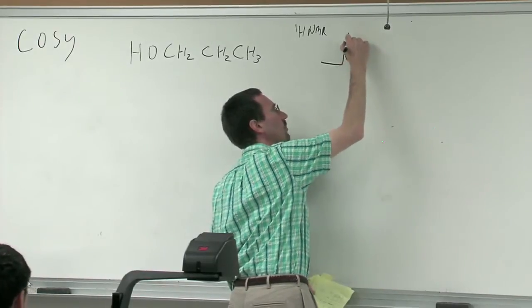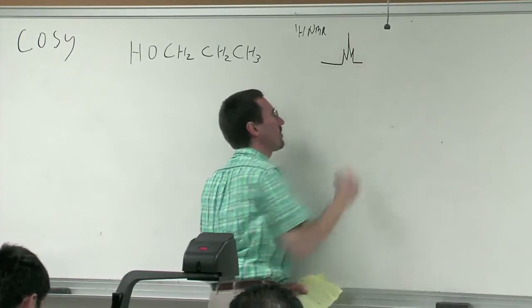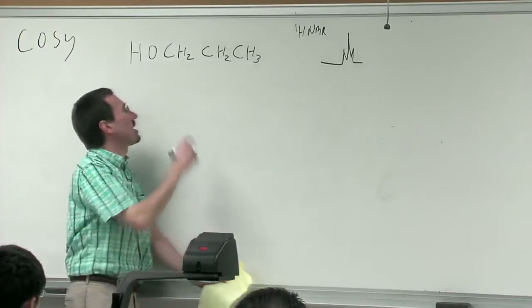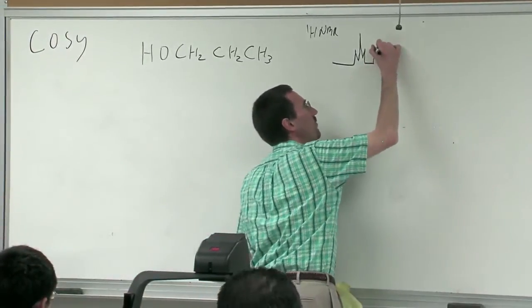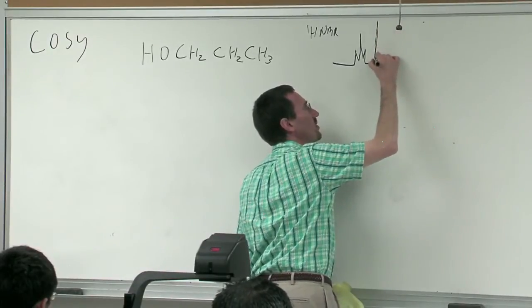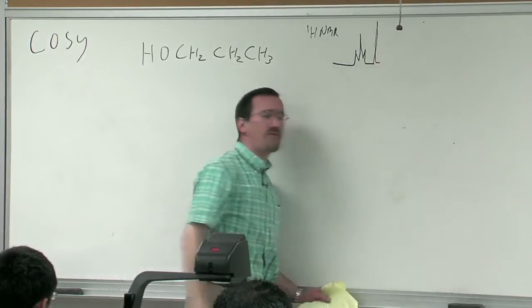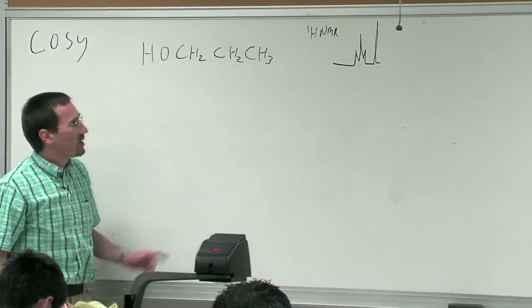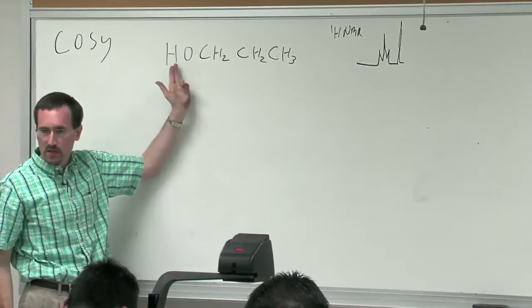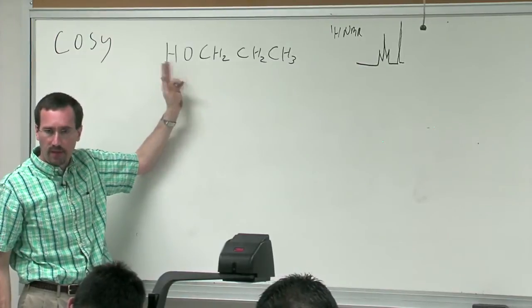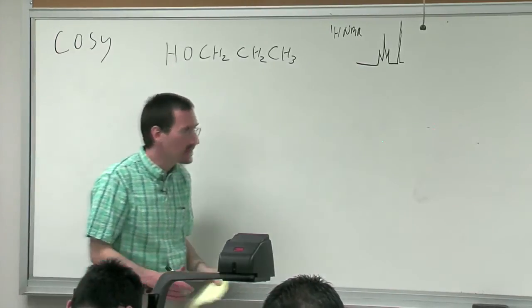You'll see a triplet with a 1 to 2 to 1 triplet for the CH2 that's next to the oxygen. You'll see a singlet for the OH, typically, unless you're very free of acid or very free of water. And the singlet is going to correspond to the OH that's going to be exchanging rapidly and not coupling unless you, as I said, are very acid-free.